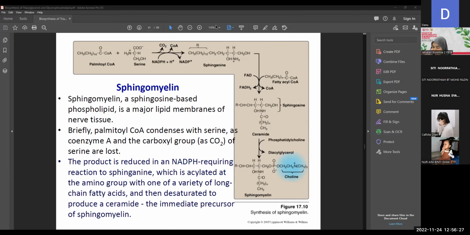Basically the same goes for this step. In the formation of ceramide, certain books divide it into two.